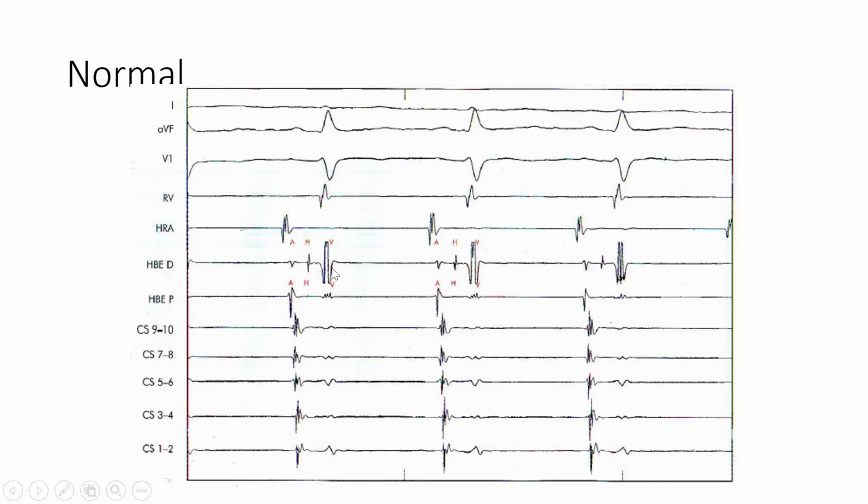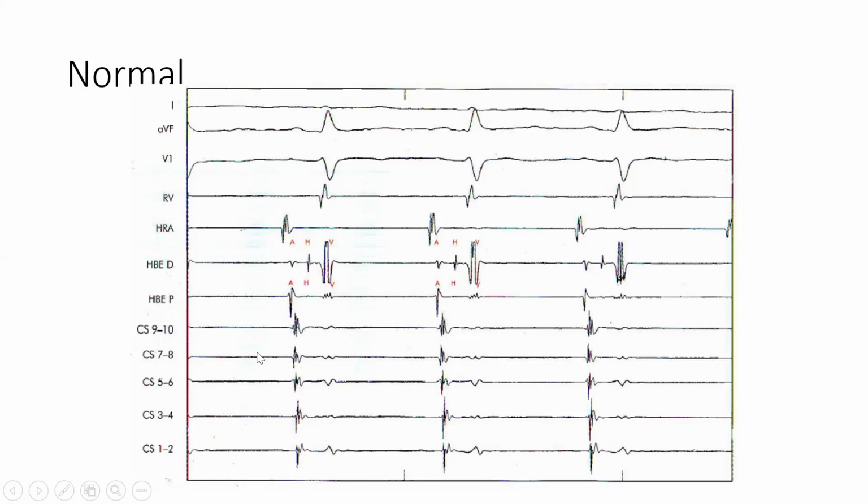So you can see this. So the His catheter is very, very important in monitoring AV nodal activities. As we said, we can have the distal and the proximal His. So they will represent similar things because they are close to each other, right?